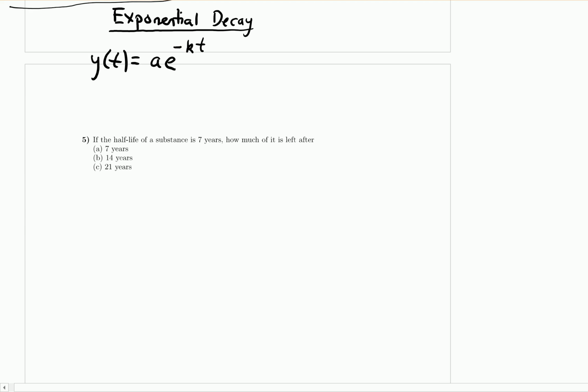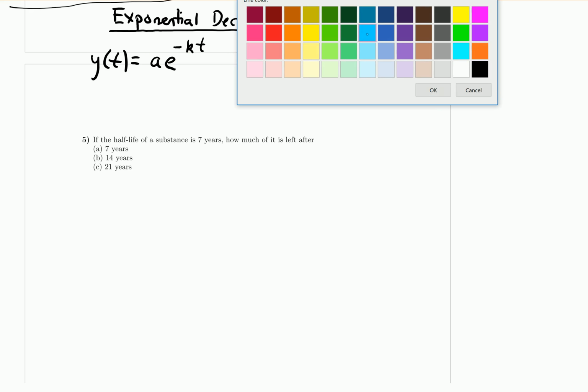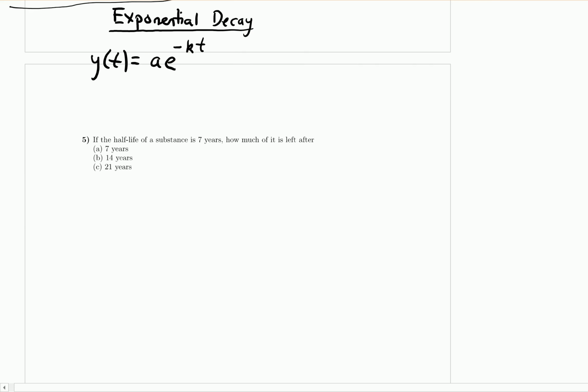Alright, so next I want to write down what each of these quantities represents. A is the initial amount, or initial quantity. K, which is another constant, represents the decay rate.